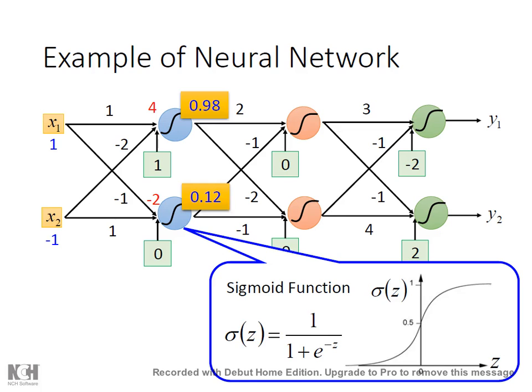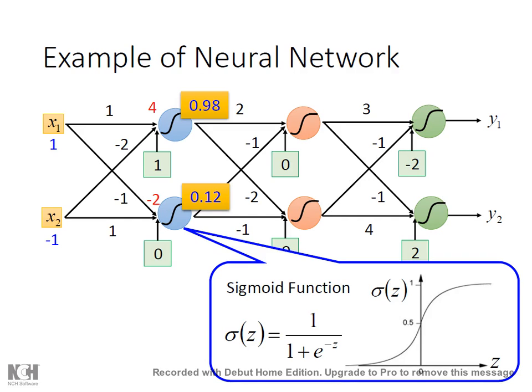Okay, so we can extend the single neuron to a network like this. Here we have two inputs, and here we have the neurons 1, 2, 3. We have 3 hidden layers and 2 inputs, and each layer has 2 neurons.